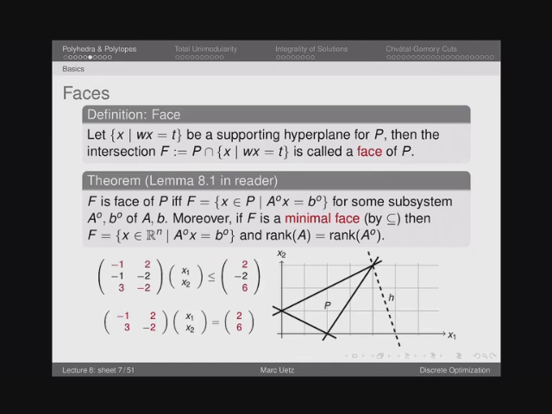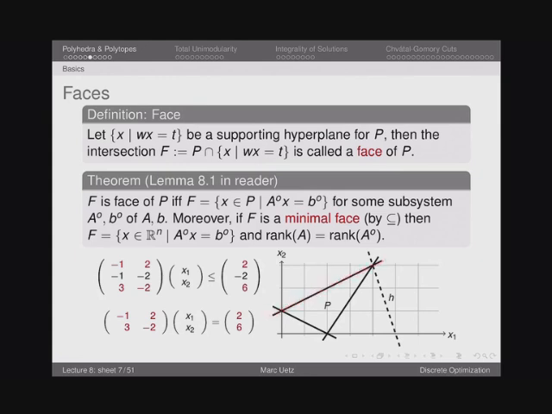So here we have described faces of the polyhedron as the intersection of the polyhedron with these linear subsystems fulfilled with equality. And that, for example, could mean that if I take the first inequality here, so minus 1 x1 plus 2 x2 smaller or equal than 2, that would correspond to this inequality here.